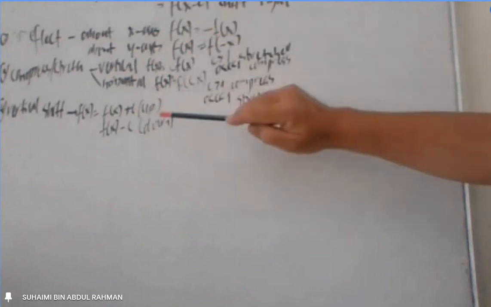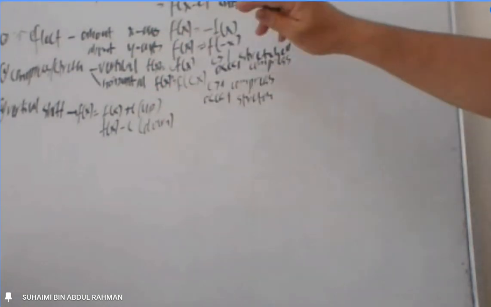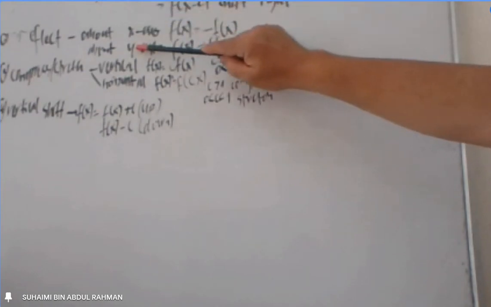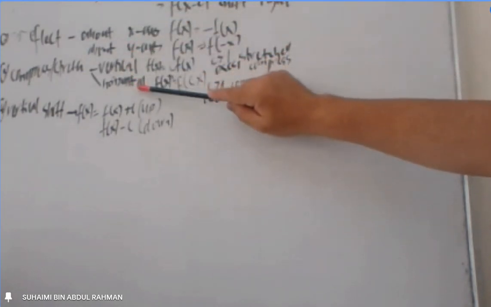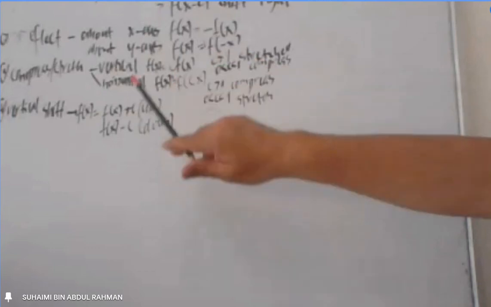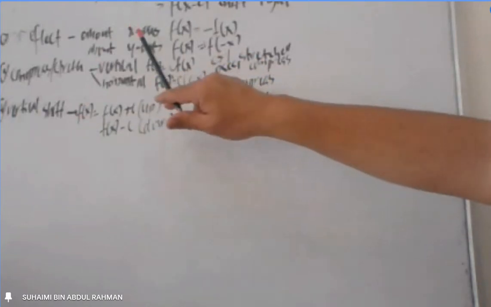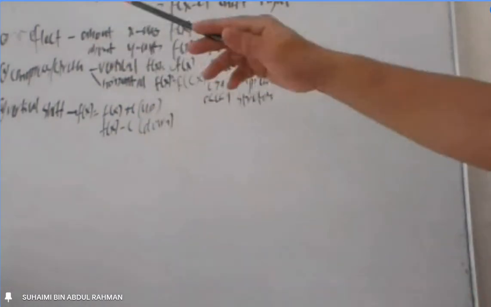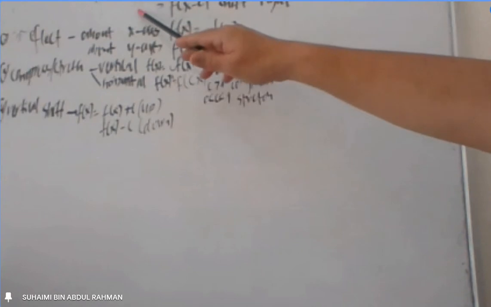We have to follow the flow, which means we start with horizontal shift, then go to reflect, then compress or stretch, and then vertical shift. We cannot go straight, say, to number 2 first, then number 3, then number 1. No, cannot. You have to go one by one.